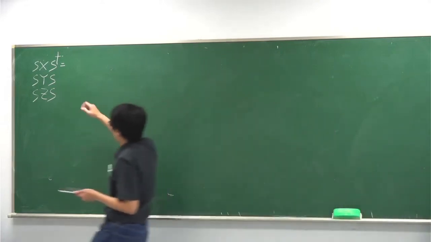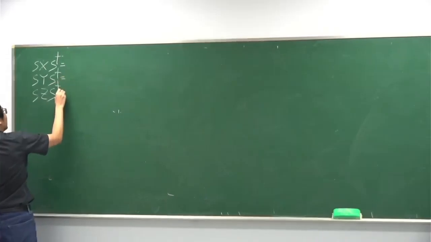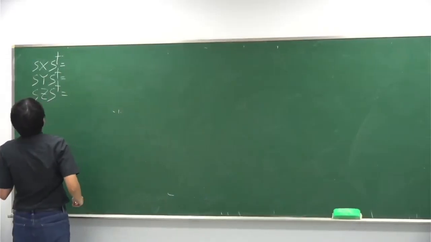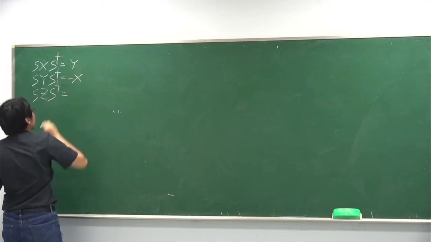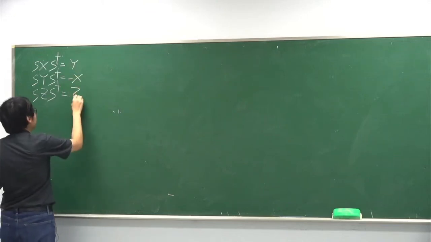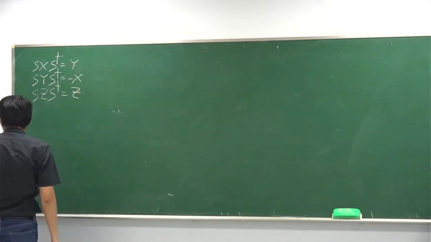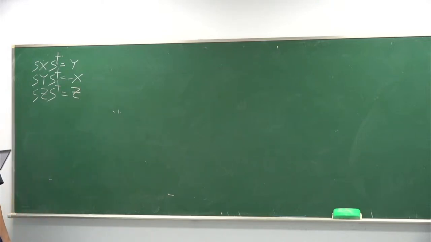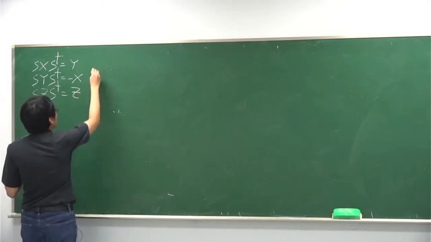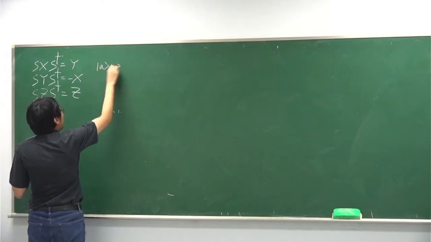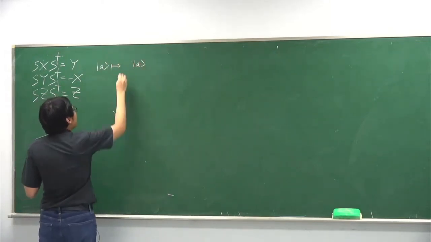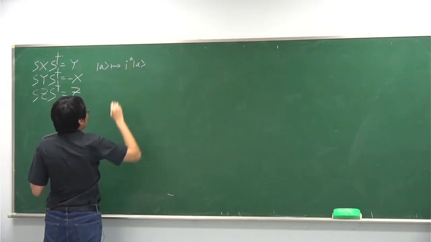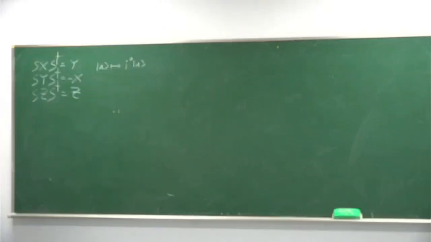But here, really, this switches the X and Y basis, although it adds a minus sign here. And of course, the action of S in the computational basis is just the eigenvalues, 0 or 1.